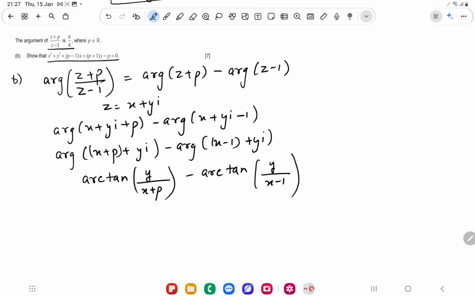Now we will use the compound angle formula from the booklet for tan.